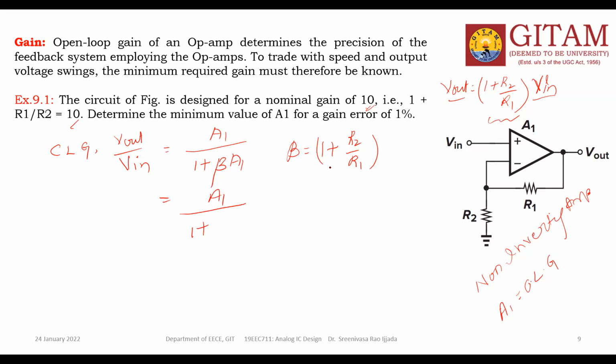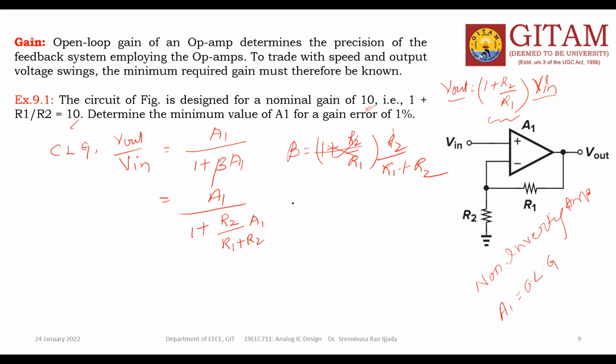You can write it like this: beta is R2 by R1 plus R2. Now you can substitute this beta value, R2 by R1 plus R2, multiplied with the A1.